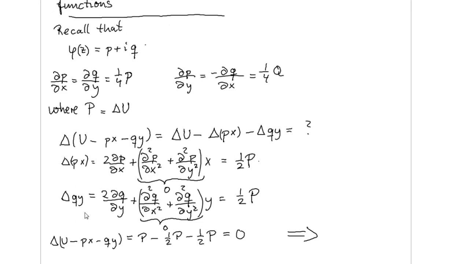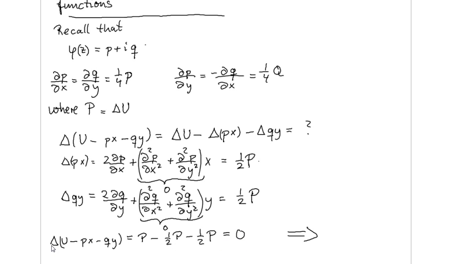So we knew that the Laplacian of u was equal to p. So here we can replace this by p. We can replace this by half p and half p here. So summing up, we end up with this expression, which is equal to 0.